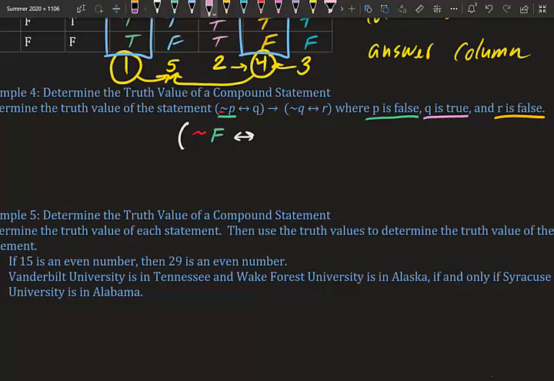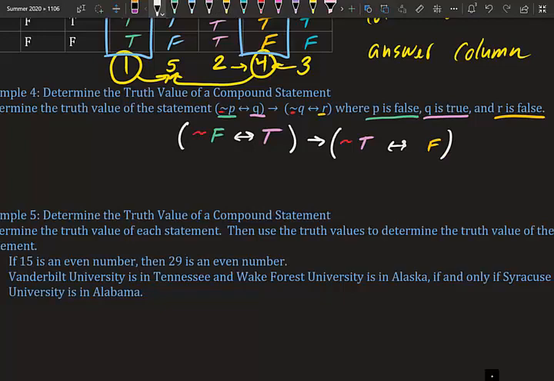If and only if we had Q, so Q is true. If then, negation Q, so negation, and then Q is true. If and only if R, which is false.